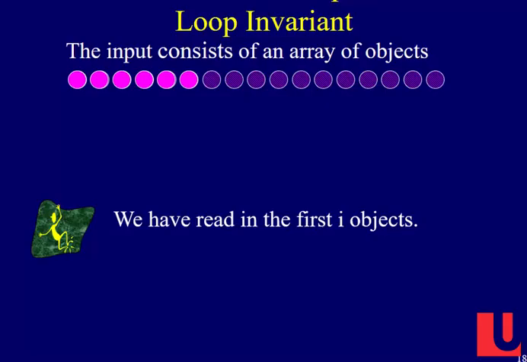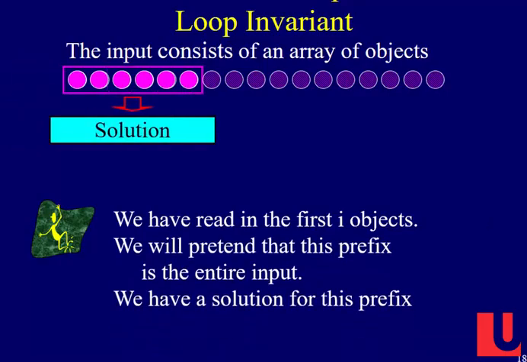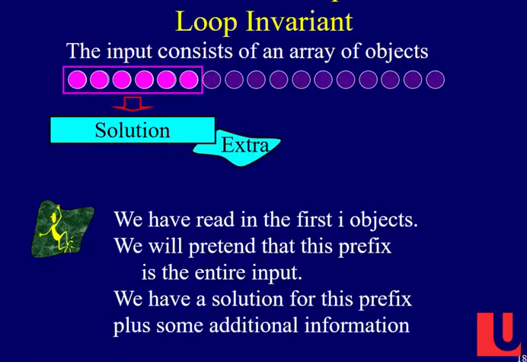And what have they given me? They've given me whatever the solution would be if that was the input. I have, if that 1 through I was the input, what is the solution? And maybe I have some extra information than I need.